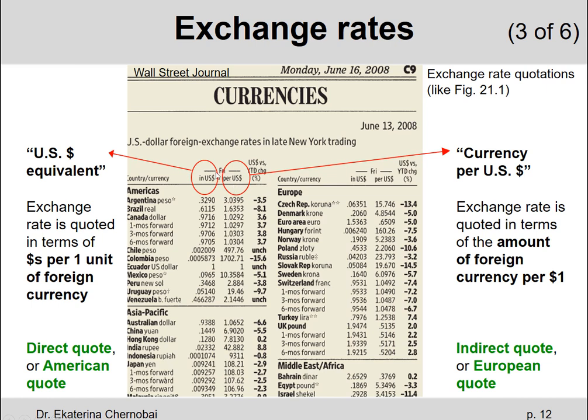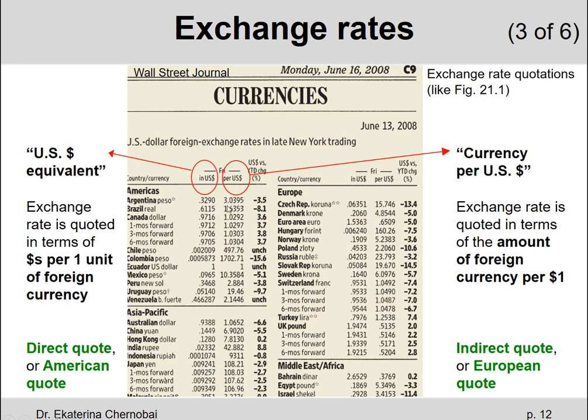So this has, again, a few different names. Currency per US dollar, which is the exchange rate quoted in terms of the amount of foreign currency per 1 US dollar. It's also known as the indirect quote or the European quote. Again, the term European quote has nothing to do with Europe. Kind of confusing, right?